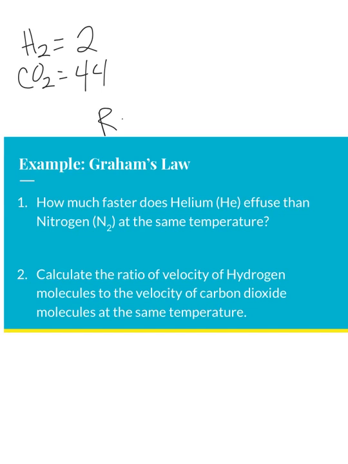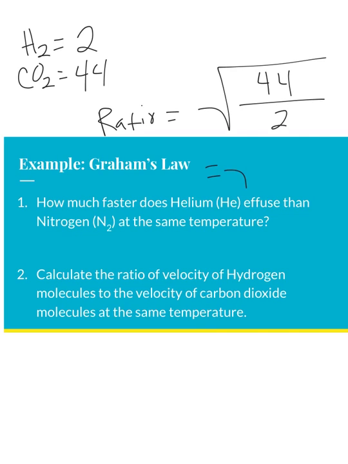Since I want hydrogen to carbon dioxide, hydrogen is gas number 1, so I'm going to put that on the bottom, and I'm going to put 44 on the top. So my ratio equals the square root of 22, which if I calculate that out equals 4.69. So my ratio of velocities of hydrogen to carbon dioxide is 4.69.